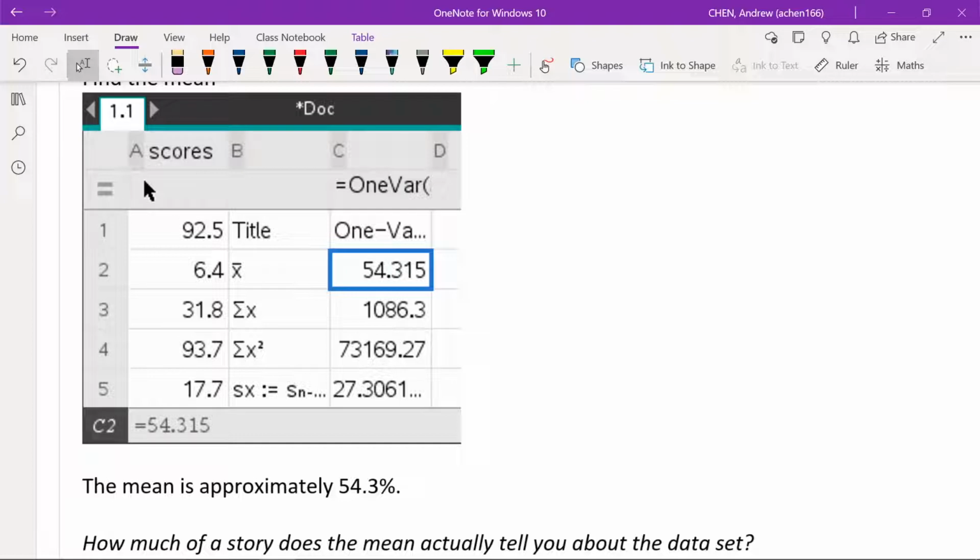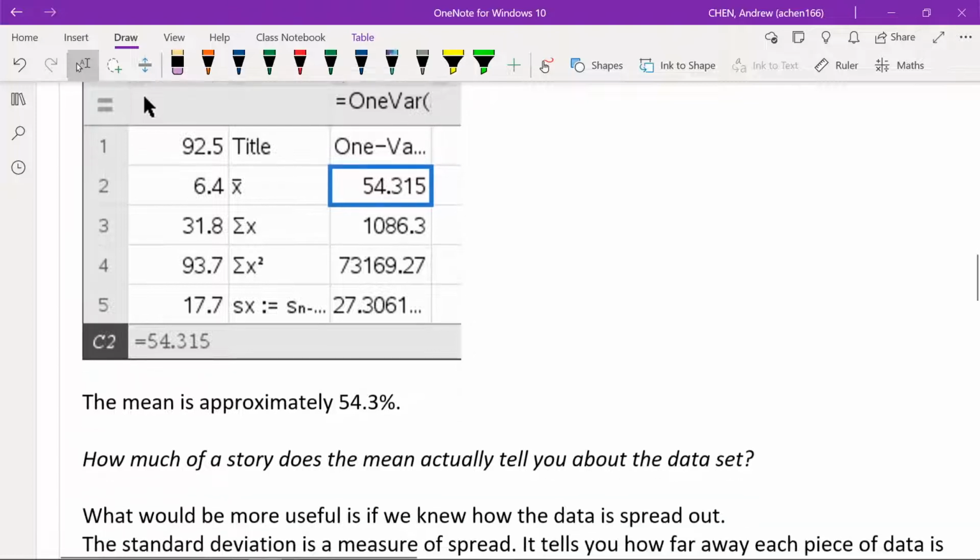If you were only told that the mean is 54.3, then you can probably draw conclusions like, on average, if 50% is a pass, it is a pass. It's not a very high pass, but it's there. But you really can't say anything more, right?